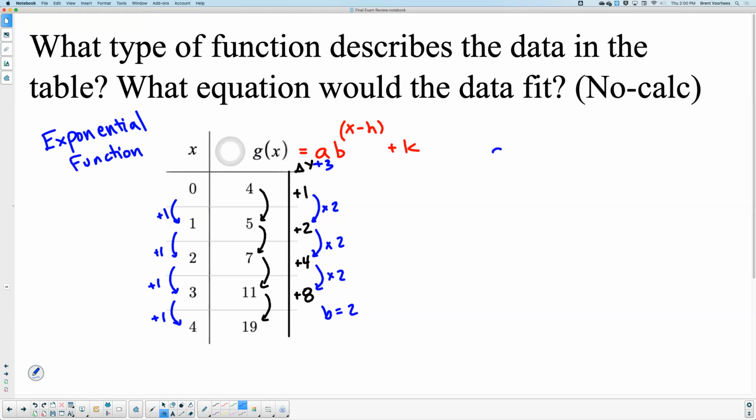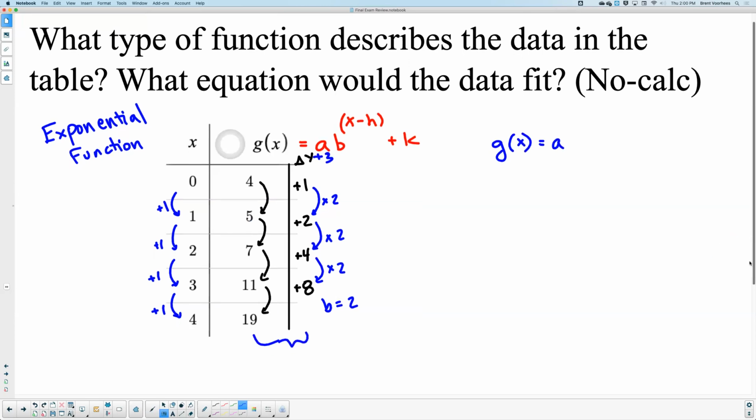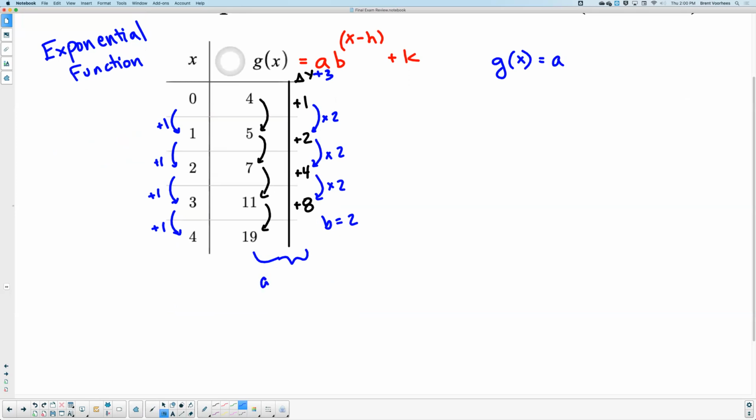So here's what we now have. We have g of x equals a, and we know our a is actually 1 since there's no multiplier, since these are the same amount off. Let me put a note: a equals 1, since g of x equals change of y plus 3 without a multiplier.